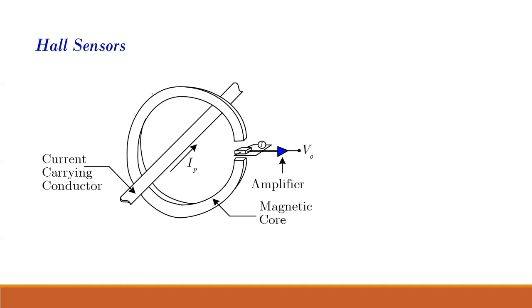Next we'll consider the Hall current sensor. Suppose this is my current flowing through this conductor, and based on the Hall effect, it will generate some output voltage which is proportional to the current flowing. This concept is used in Hall current sensors.